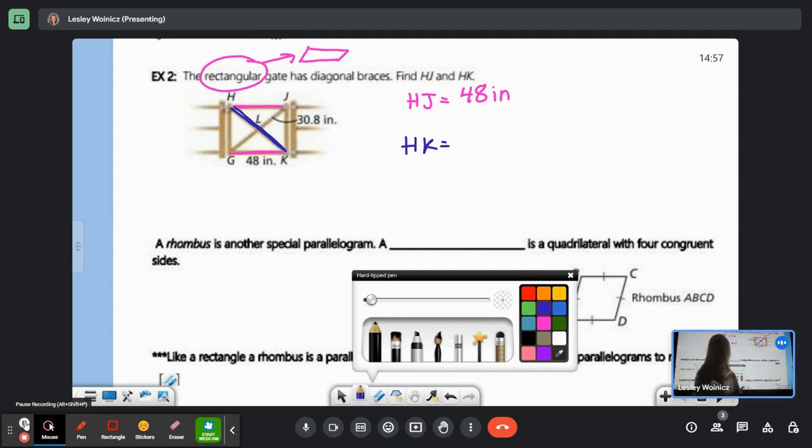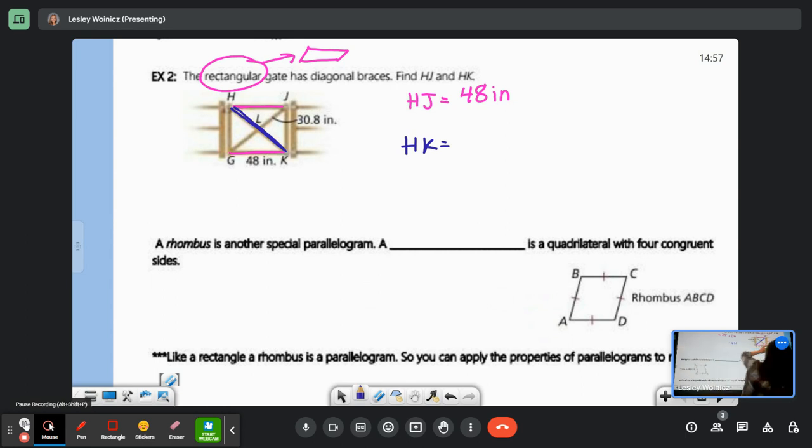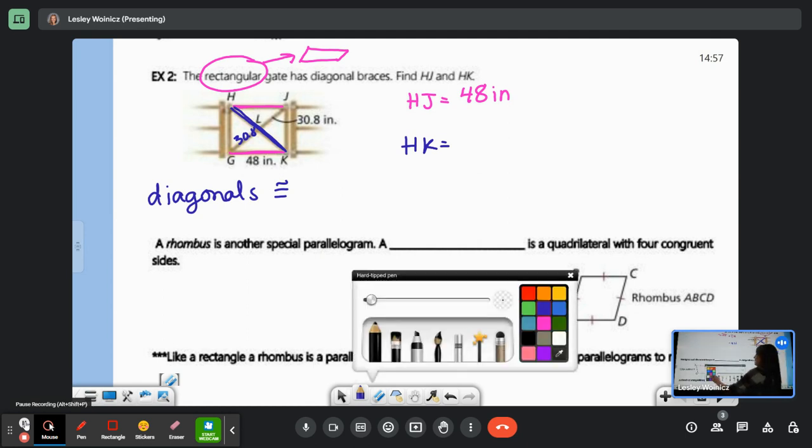All right, what about HK? So we know it's a rectangle. What do we know about the diagonals? They are congruent. Okay, so if this little bit is 30.8, isn't this little bit 30.8? Is it in a parallelogram that the diagonals bisect each other? I think it's in a parallelogram.